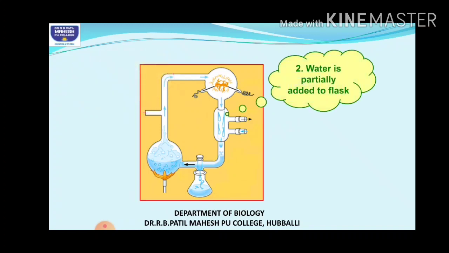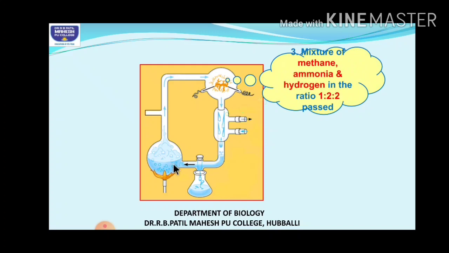Then water was taken in that flask. It was half filled, and that water was kept for boiling. Then in that glass chamber, a mixture of methane, ammonia and hydrogen was taken in the ratio 1:2:2.